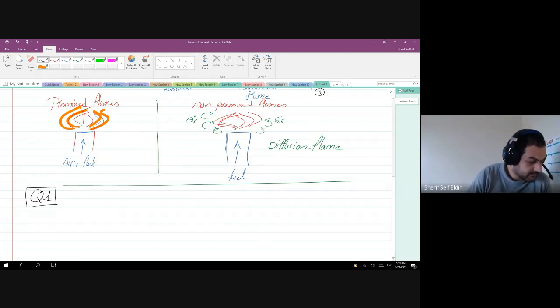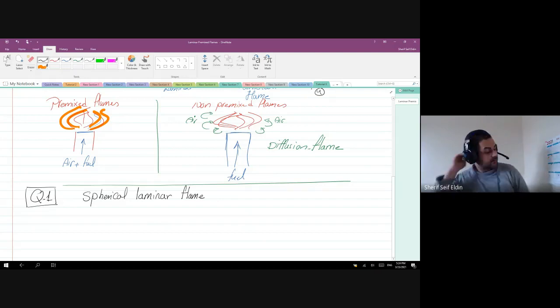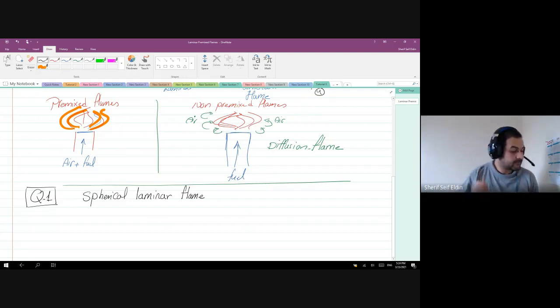All right, so we will be considering outward propagation of a spherical laminar flame. It's a spherical laminar flame, and it goes into an infinite medium of unburned gases, right? Let's assume that this is the flame, the spherical flame.